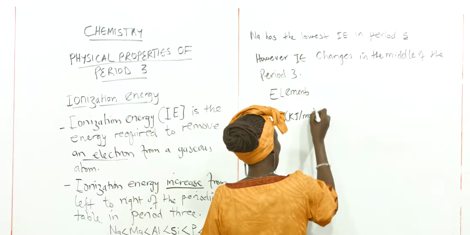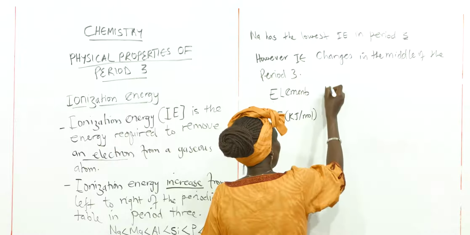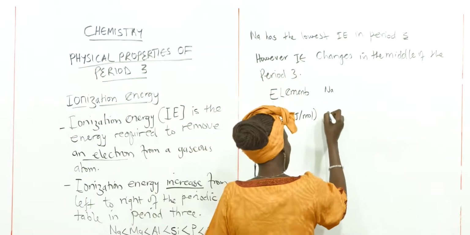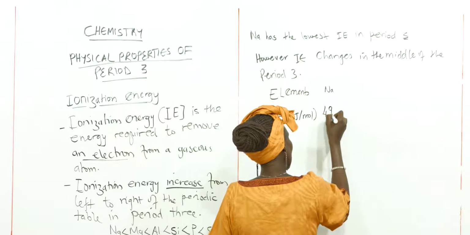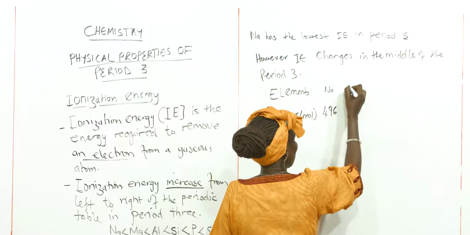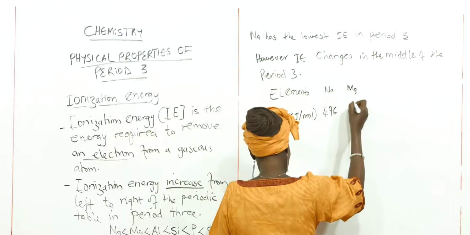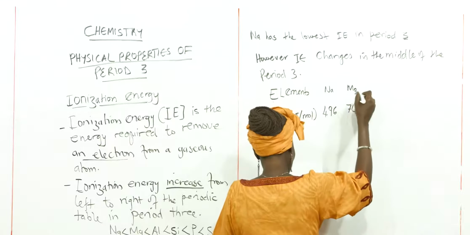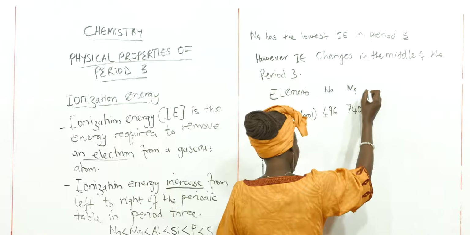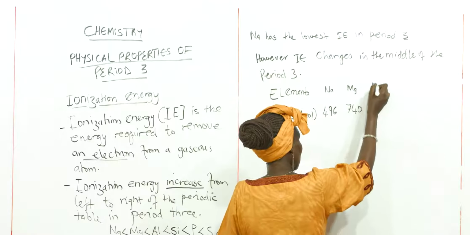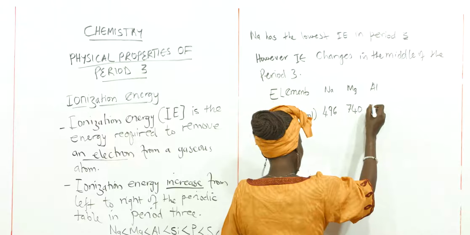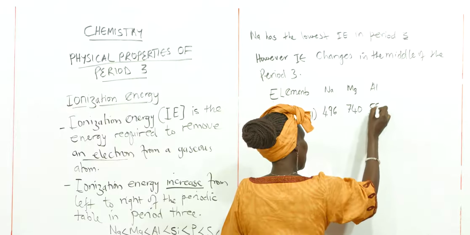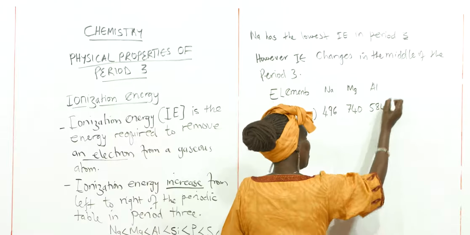So here we put the element sodium having 496, magnesium with 740. So aluminium, we have seen that in aluminium there is 584.